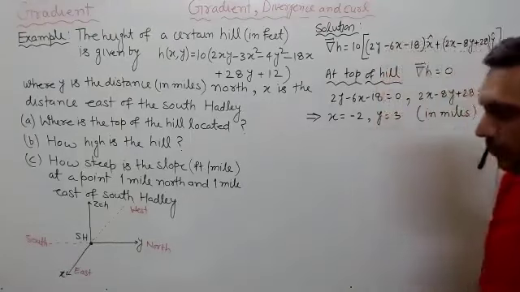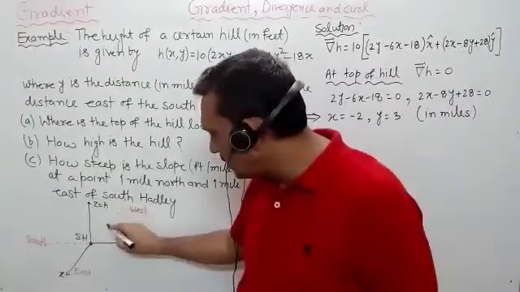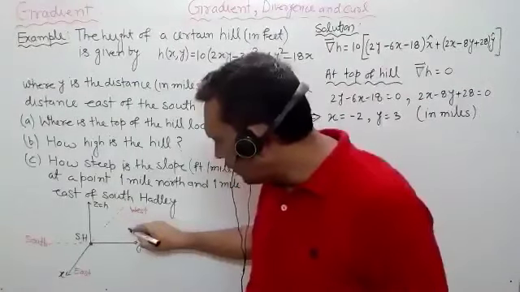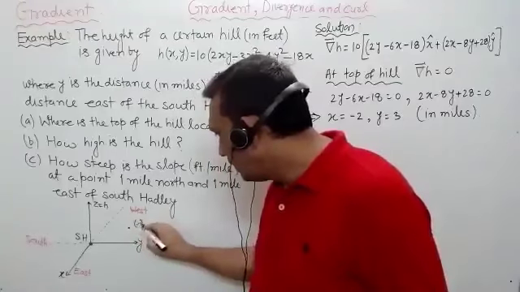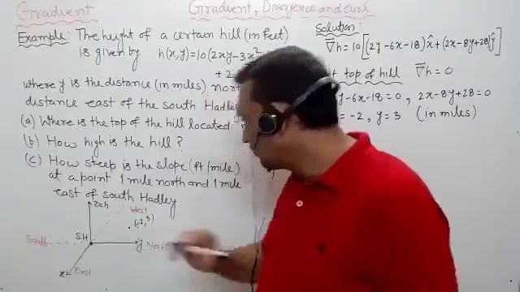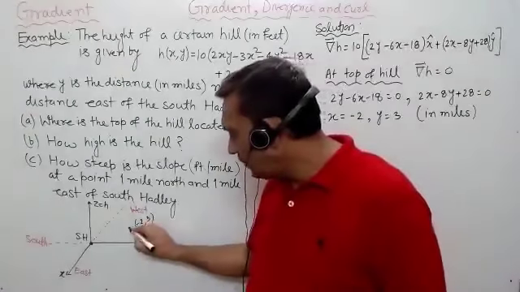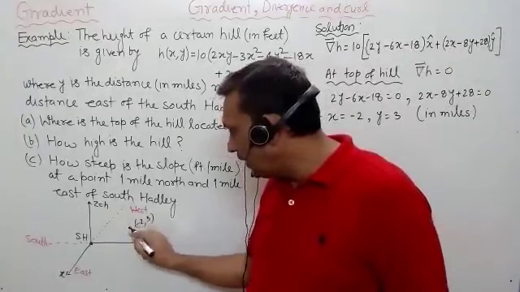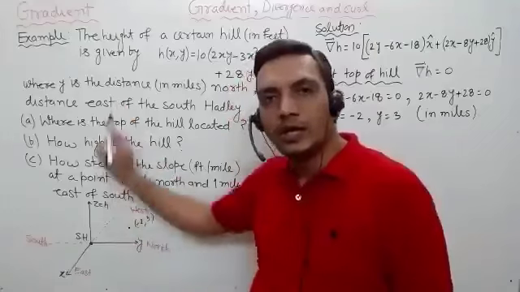So now you can see where the point minus 2, 3 is. Let's say this is minus 2, and then you have to move 3 here. So let's take this point as minus 2, 3. Above the point minus 2, 3, the top of the hill is located.